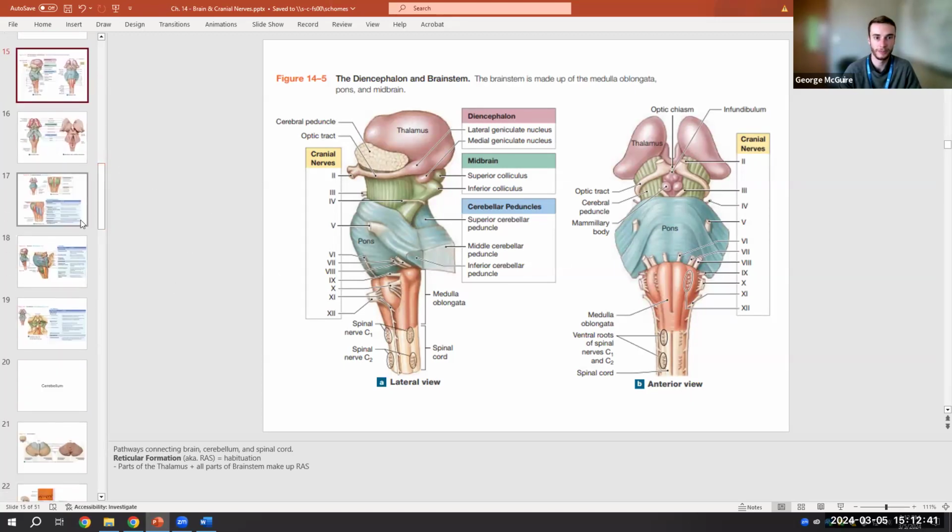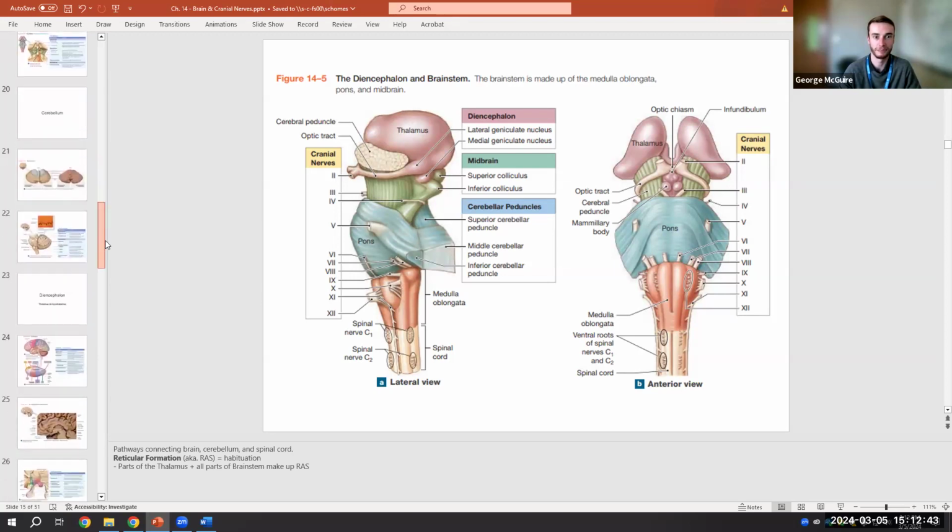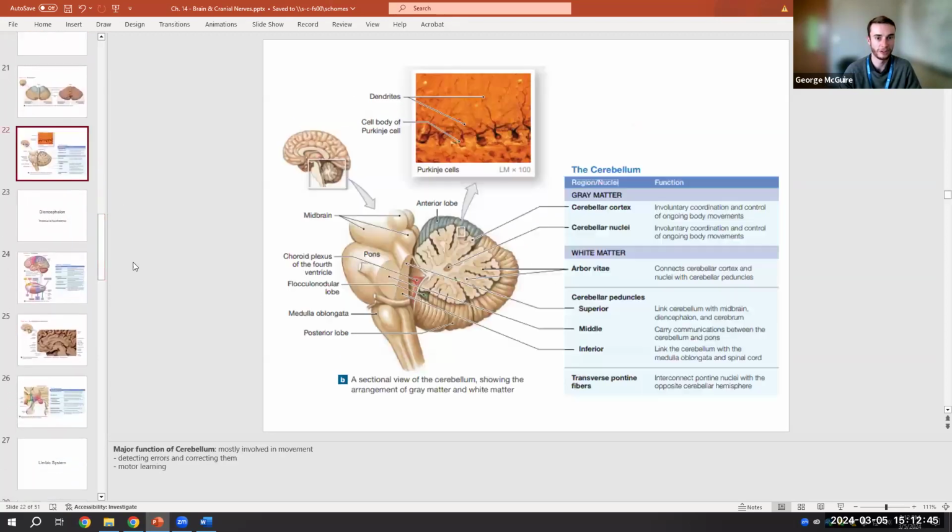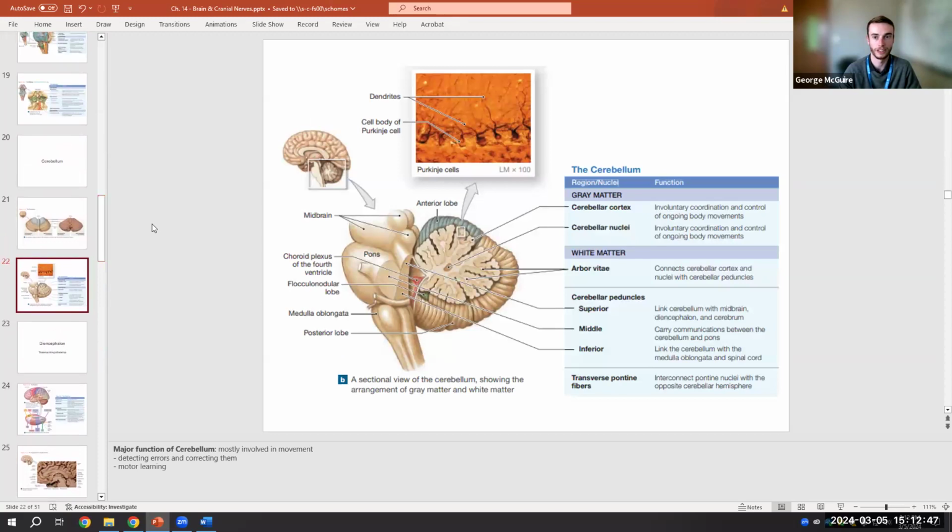Okay, so autonomic response is mainly in the diencephalon and brainstem. The cerebellum is really important for fixing your motor control, keeping your posture, keeping you on your feet, essentially preventing you from falling over. It builds up the memory of how to control your muscles, so how to coordinate movement for walking and reaching for something without needing to think about it.